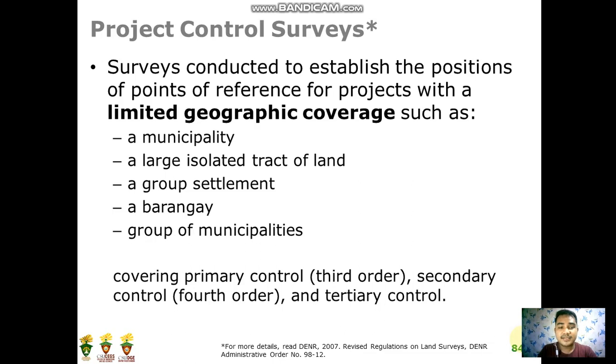So, example sa geographic coverage na pwede siya sa project control surveys is ang municipality, a large isolated tract of land, a group settlement, a barangay, or a group of municipalities. And project control surveys covers the third order and fourth order level of accuracy. So, small siya of accuracy kay since si geodetic control surveys are the highest order of accuracy.